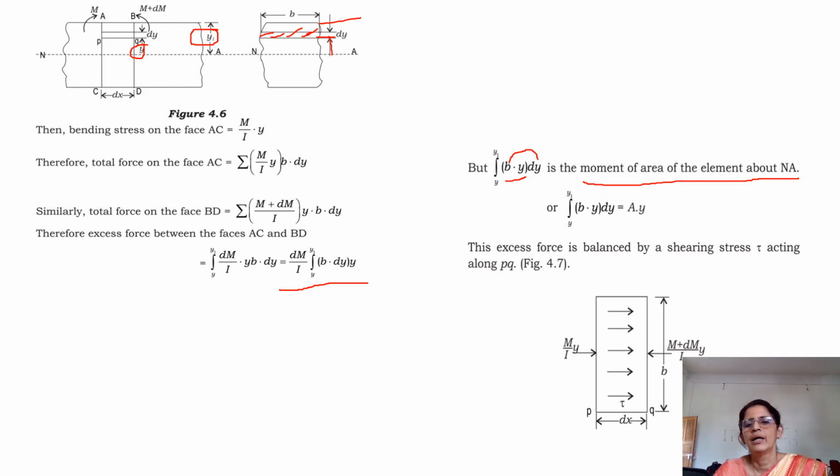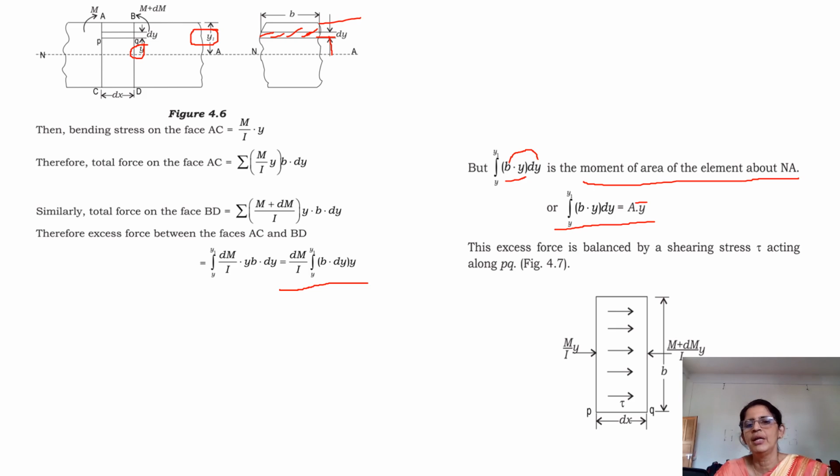Or you can rewrite this integral y to y1 of b into y into dy as the whole area into y bar, because y bar is the centroidal distance from the neutral axis, understand?